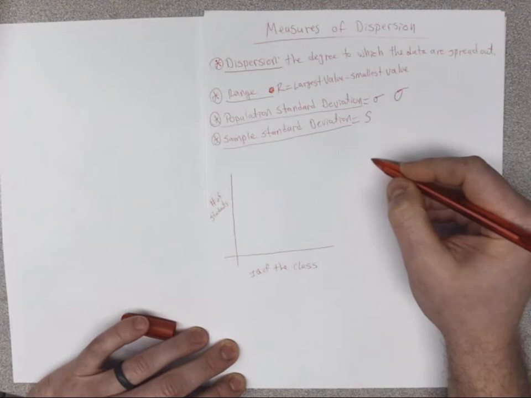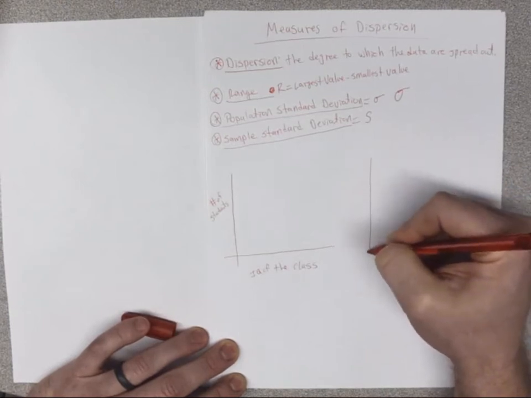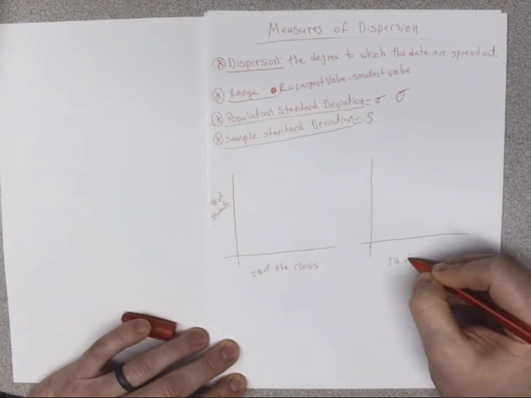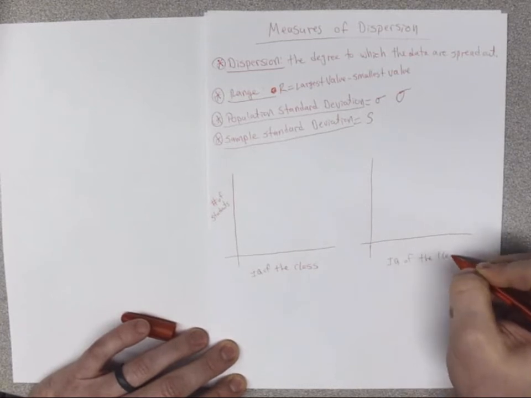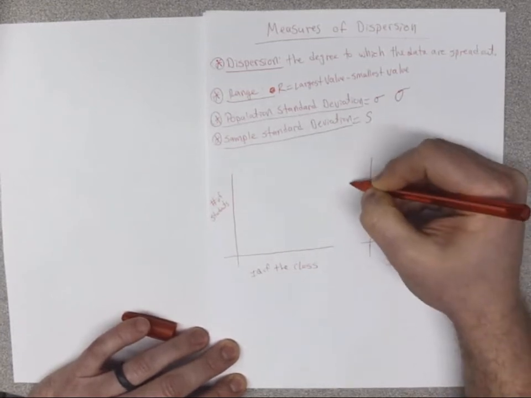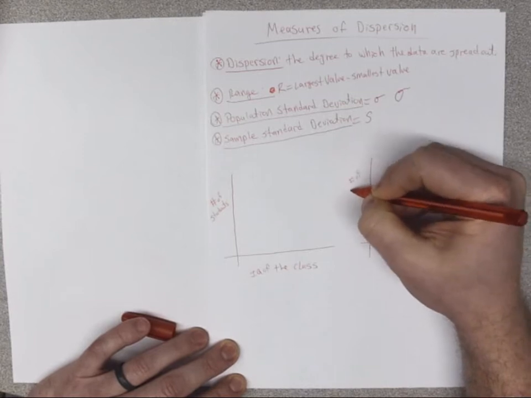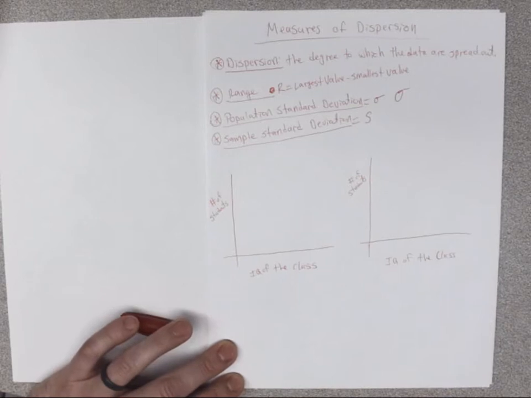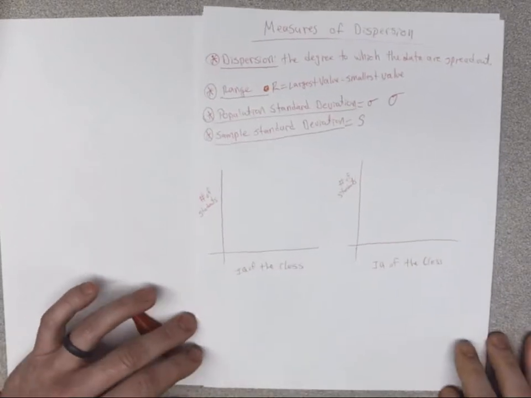Then we're going to have a similar graph over here, and it's going to say the same exact things, but I'm going to draw it a little bit differently: IQ of the class and number of students. These are all somewhat made up, but it gets the point across.